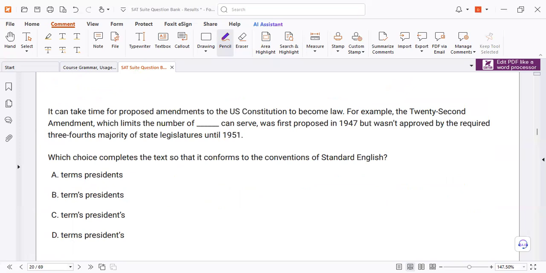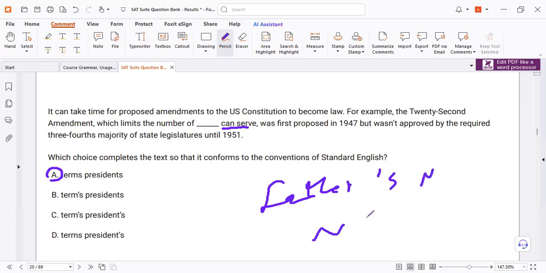Yeah, what is your answer? The answer is B. Letter B? No, it's letter A. Look, this is not possession. Possession is like this: if I say my father's car, it is my father, then apostrophe S, and then a noun.